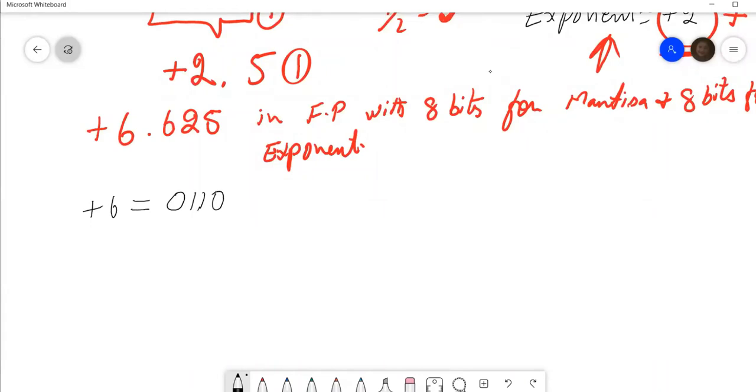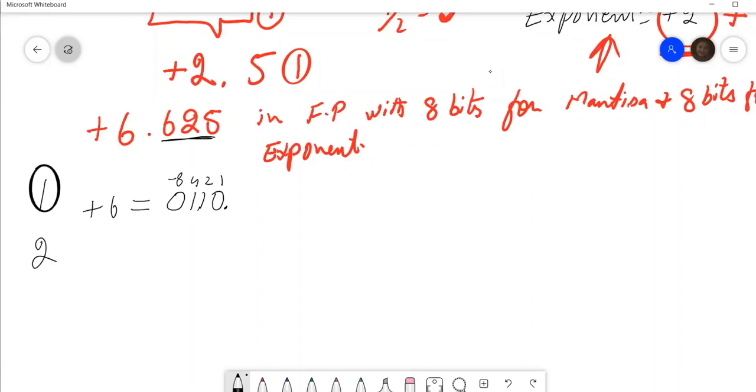So we need 4 bits actually to represent a plus 6. If I label it 1, 2, 4, and let me put minus 8 for 2's complement, this is equal to plus 6. You understand it. Now after this, our decimal number is going to be converted. So this is our first step.